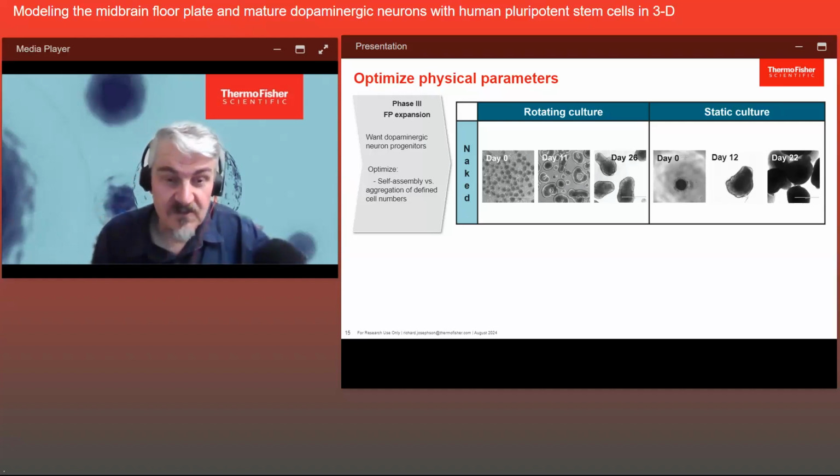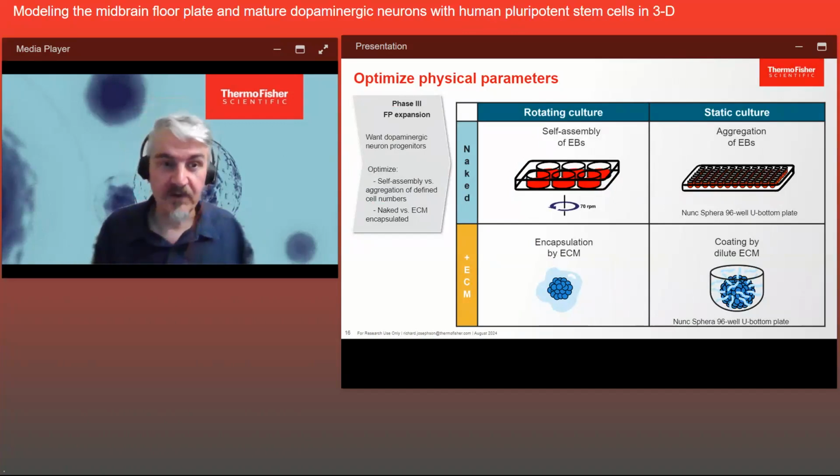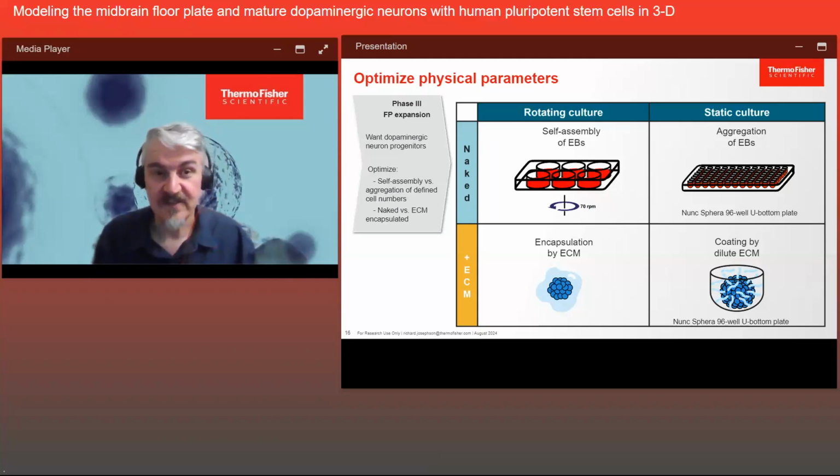We also introduced extracellular matrix into these two protocols. So a common method of organoid formation is to encapsulate the early organoid in Matrigel or Geltrex, both of which are secreted extracellular matrix from a mouse tumor cell line.